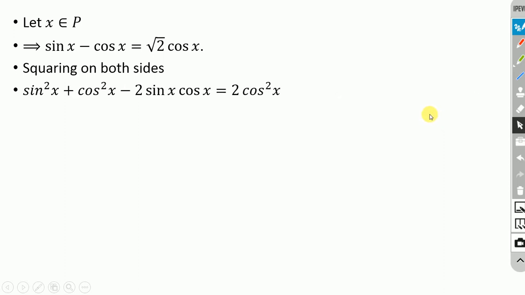We get sin square x plus cos square x minus 2 sin x cos x is equal to 2 cos square x. We are applying the a minus b whole square formula here: a square plus b square minus 2ab. Root 2 square is 2 and cos x square is cos square x.